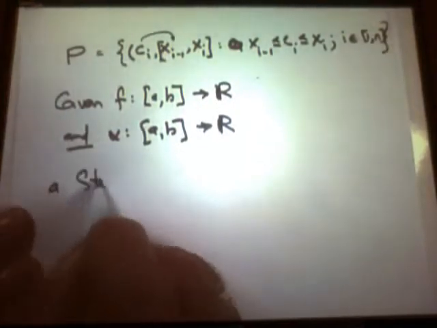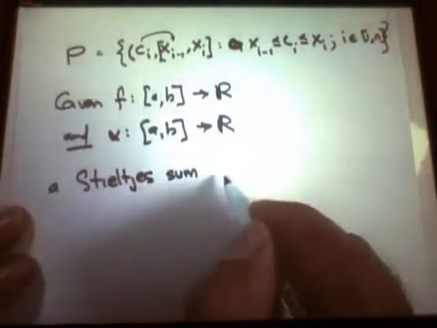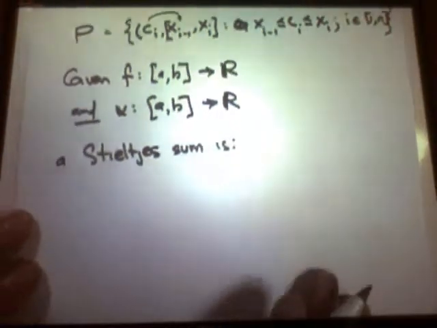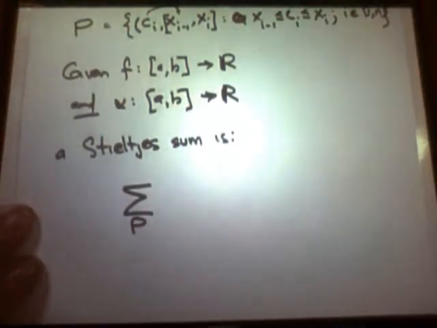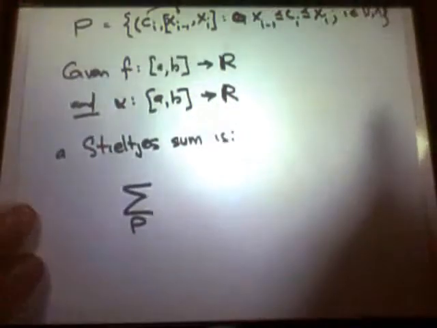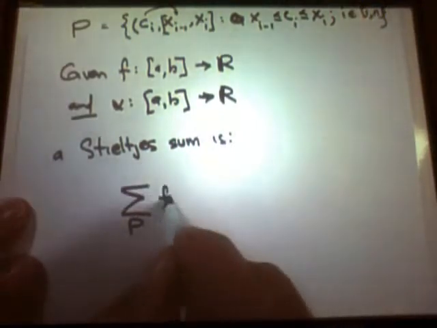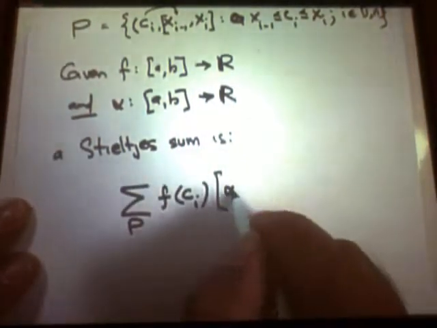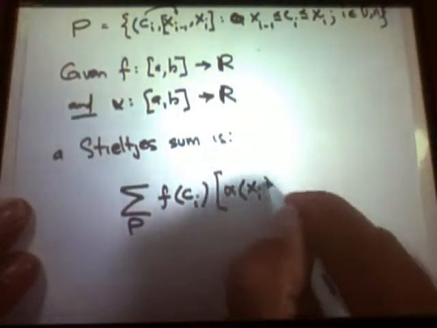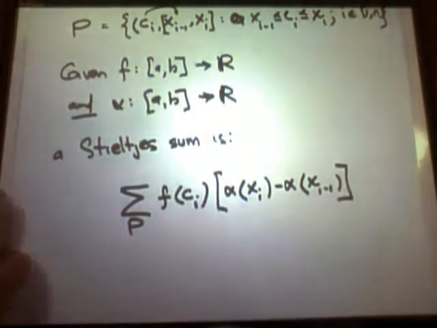A Stieltjes sum is something of the following form. It's the sum over the partition, in other words, all the indices that are covered. And I take the function and evaluate it at Ci. And then I take the alpha function and evaluate it at Xi and subtract the evaluation of alpha at Xi minus 1.